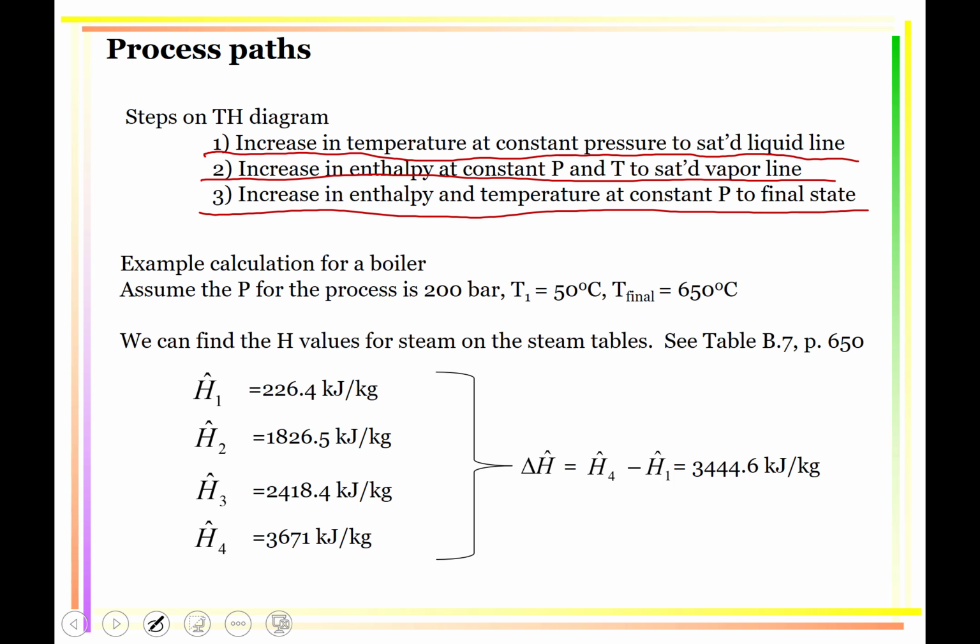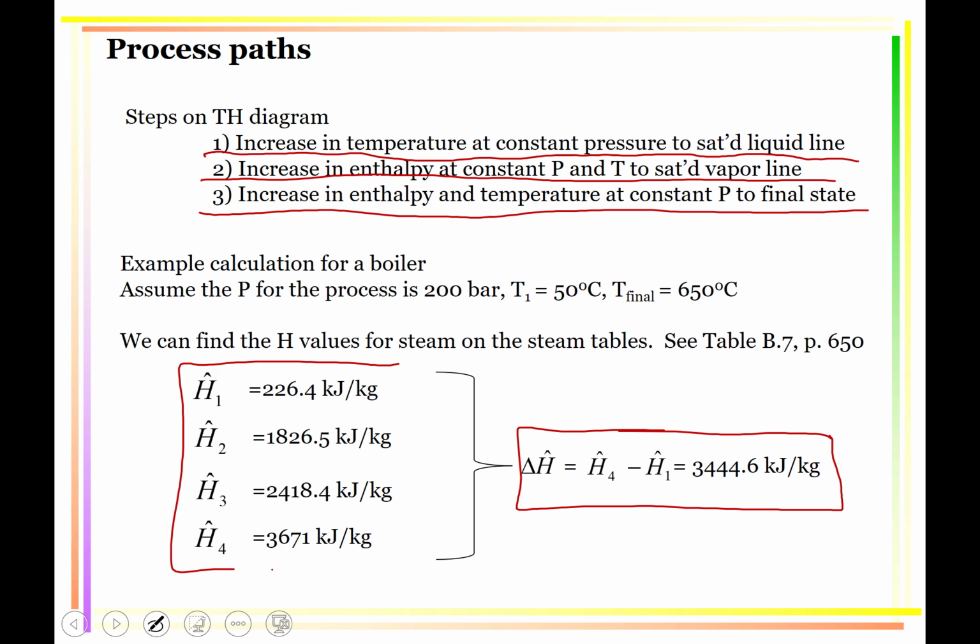So we are able to find this information on our steam tables. In fact, the reality is that we can just do the total delta H, but the steps that go through the different parts of the process can also be found, and you can use that partial information to learn about other features of the process that may not be so clear.